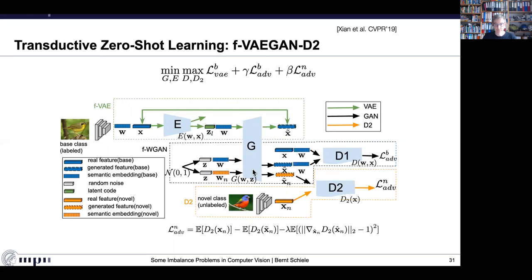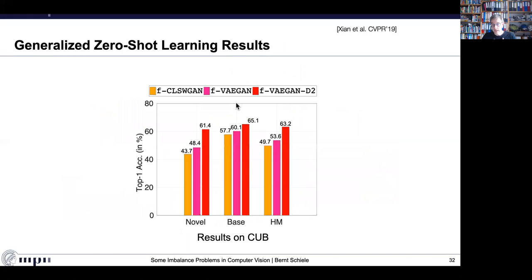Yes, and then we have all 3 losses together: the 2 adversarial losses and the VAE loss as well. Okay, so what does it do? Actually, it does quite a bit of further improvement. Here are the 2 performances that I talked about earlier, for novel classes, because now I'm really having access to images of the novel classes, not the labels obviously, but the images. This improves the generator's performance quite a bit.